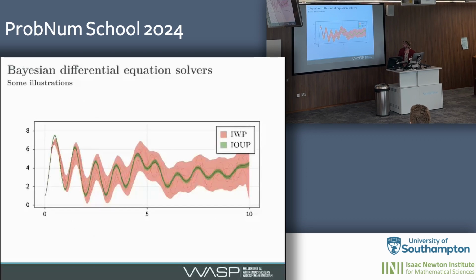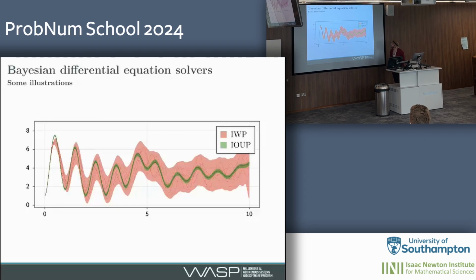Yes. So now if we actually implement the Kalman filter recursions and so on, for some problem, it might look like this. I'm not going to show you what particular problem. I'm just going to show you two different priors. Red is the integrated Wiener process prior, which didn't incorporate any information about the solution.